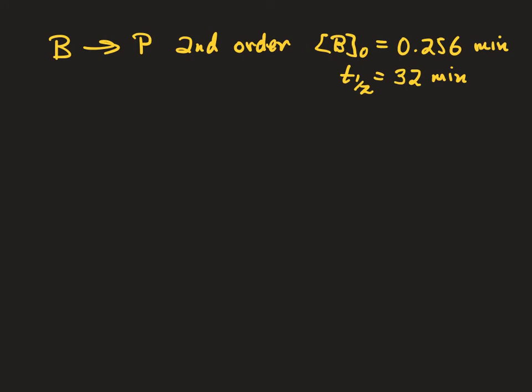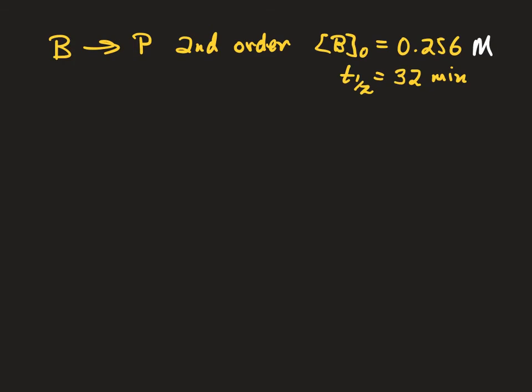So here we have a reaction where reactant B is going to product. We're told ahead of time that this reaction is second order, and that if we start with 0.256 molar B, the half-life time is 32 minutes.